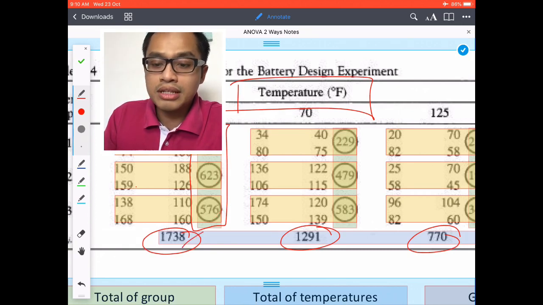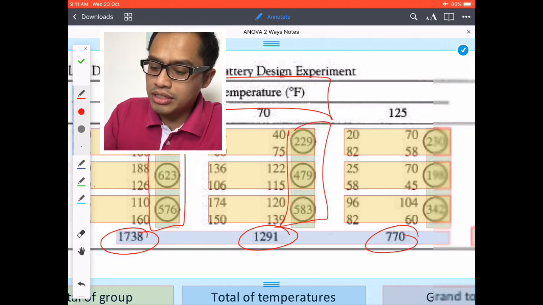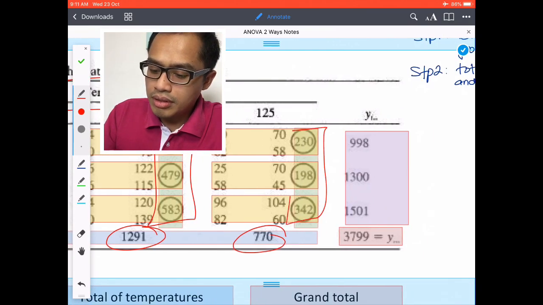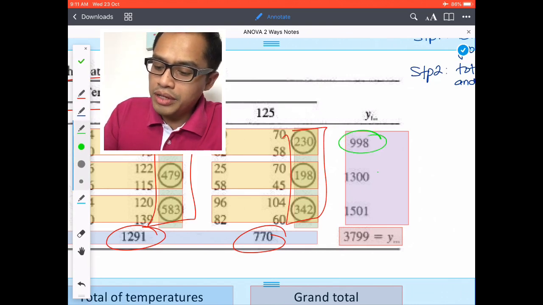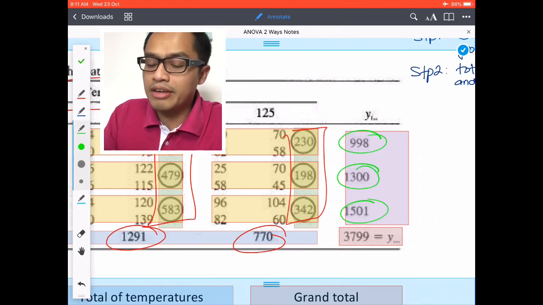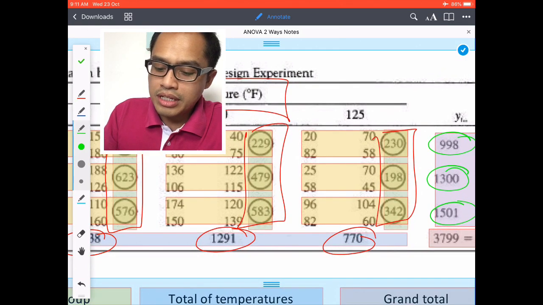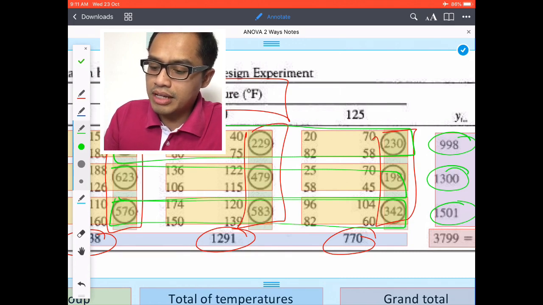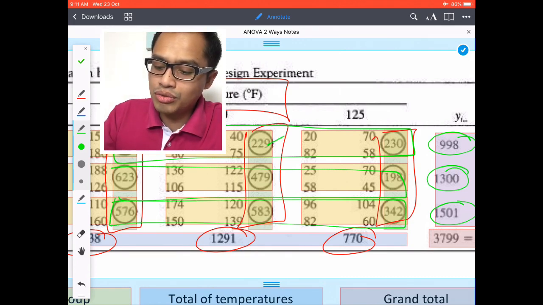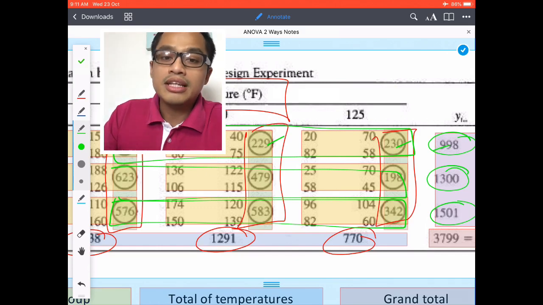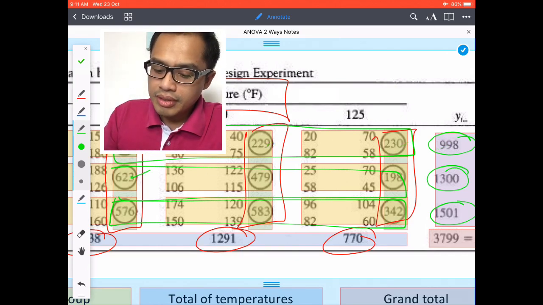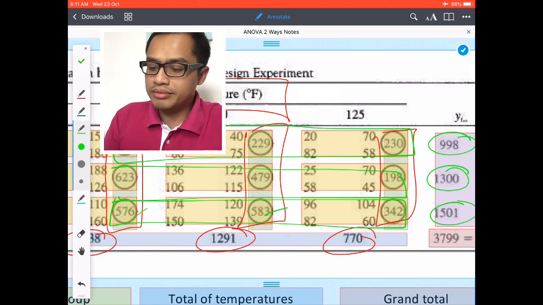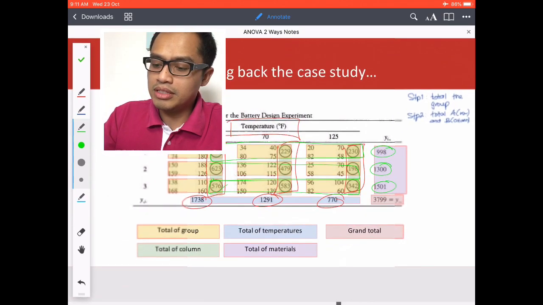You will get 1738. Similarly for this group and this group. Green pen. So how do you get these values? 998, 1300, and 1501, which is by adding these. So 539, 229, 230, add them, you got 998. These 3, you got 1300. And these 3, you got 1501. Okay, step number 2.